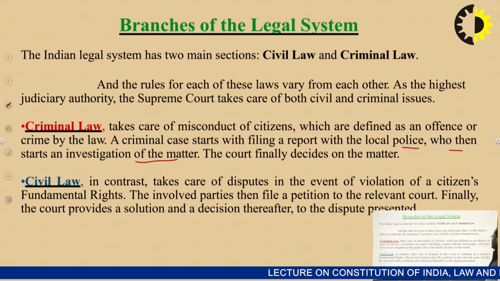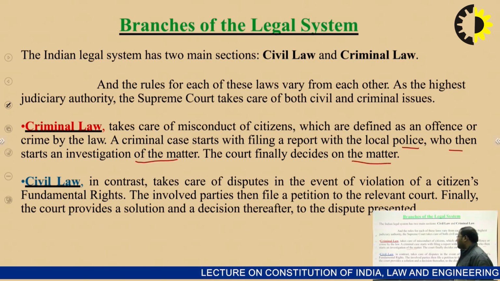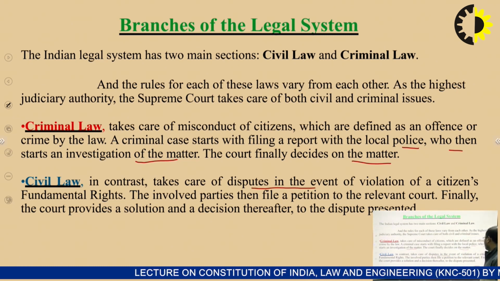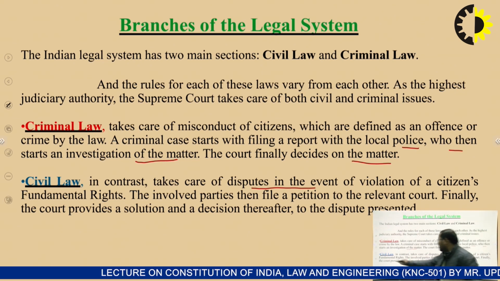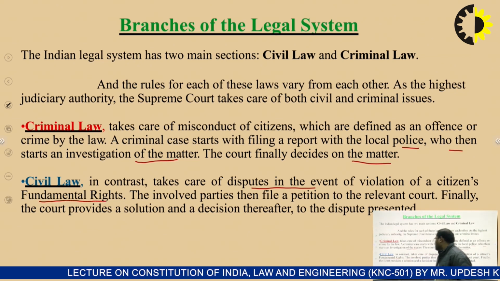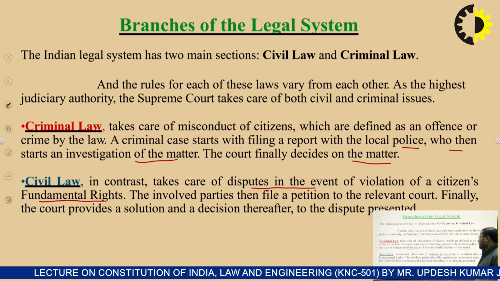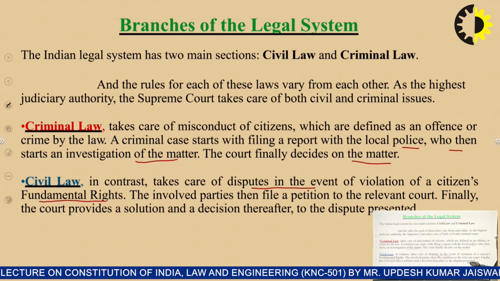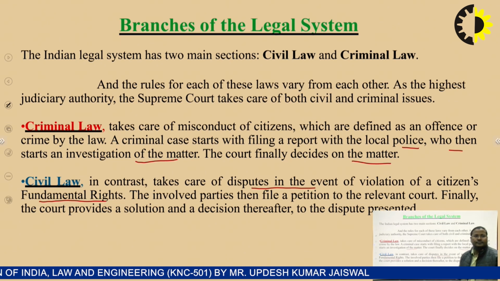The court finally decides on the matter. Civil law, in contrast, takes care of disputes in the event of violation of a citizen's fundamental rights. The involved parties then file a petition to the relevant court. Finally, the court provides a decision to the dispute presented.